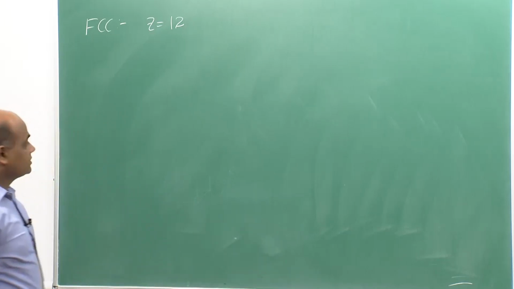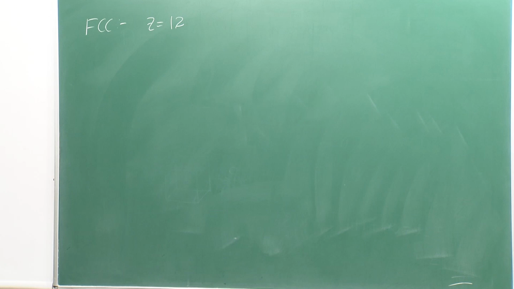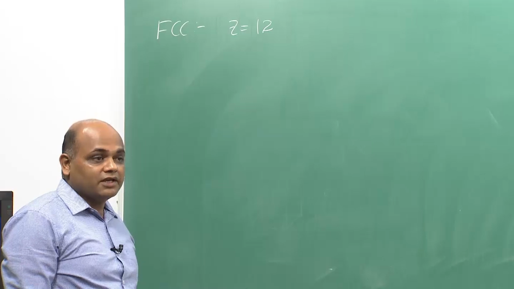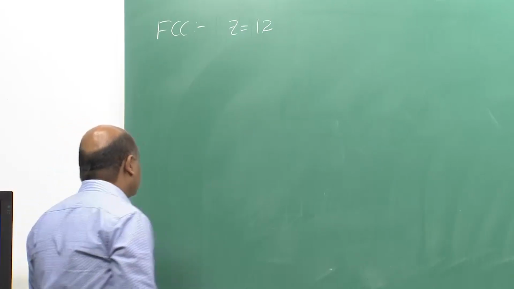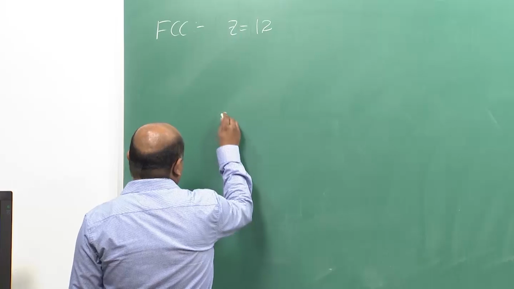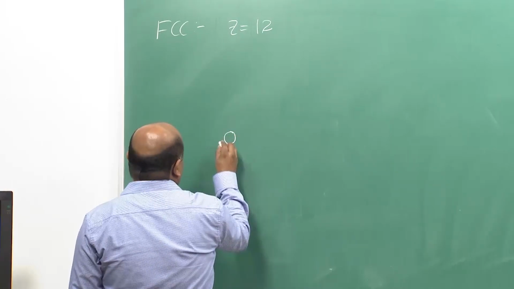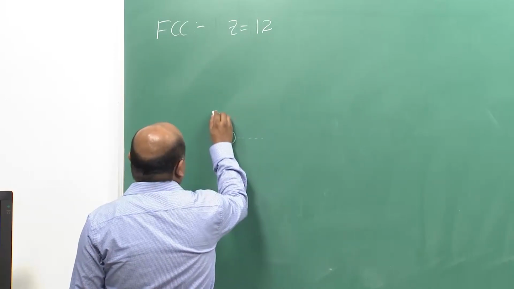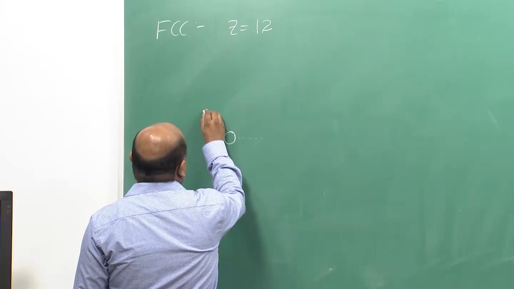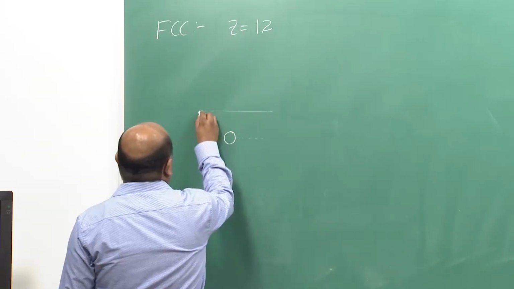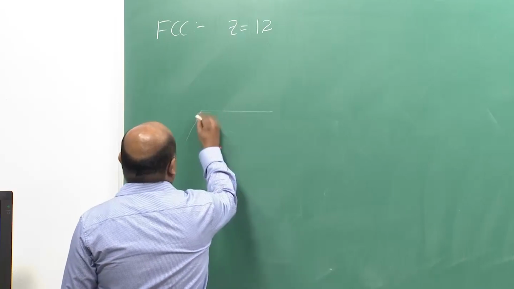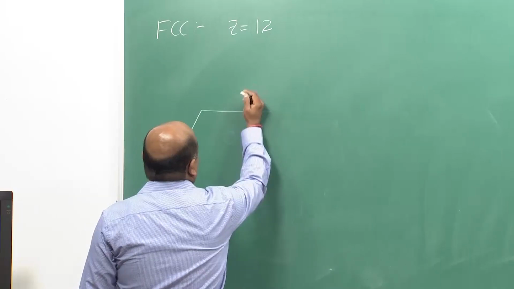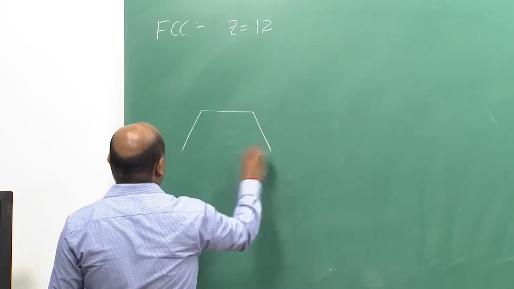So, the easiest way to visualize this coordination in FCC is to consider stacking of 1 1 1 planes, which is the closest packed plane. So, if we consider the 1 1 1 planes, within the plane there are 6 neighbors. So, they are basically in a hexagonal arrangement.